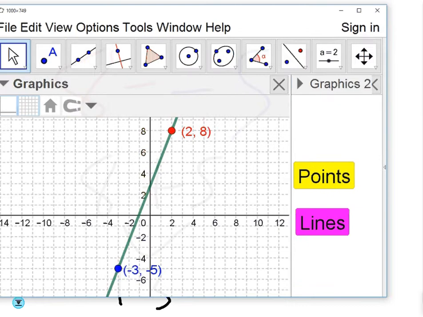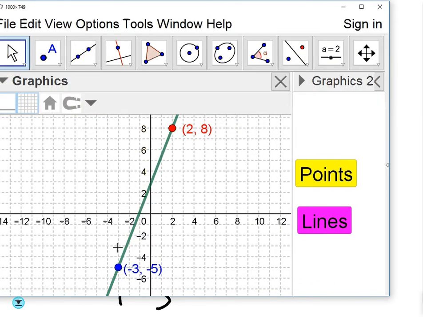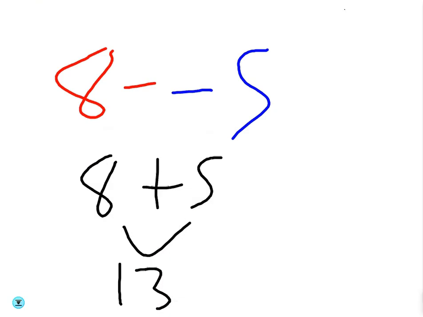And if we want to verify that, we can actually count 1, 2, 3, 4, 5, 6, 7, 8, 9, 10, 11, 12, 13. Right? But the point is, we don't have to do that because we can just subtract the y values.